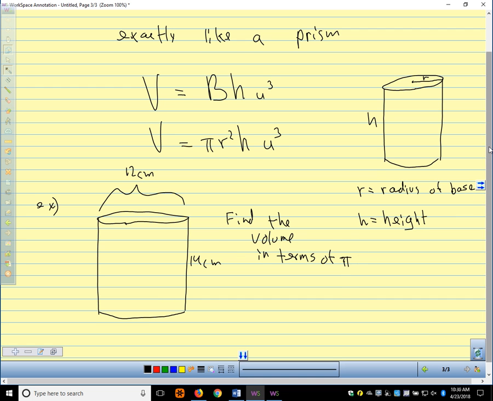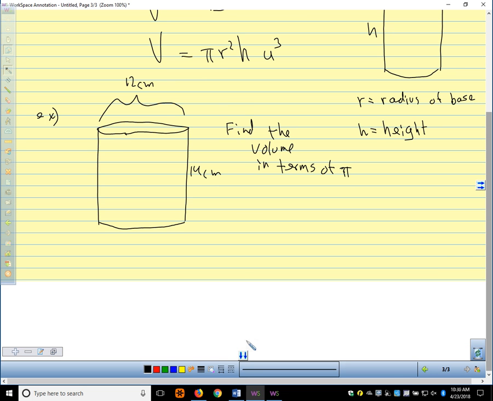Well, cylinders are nice because all we really need to know is the base is always a circle, so we always know how to find the area of a circle. What do we have here? What piece of information does that give us? That's our diameter of our base. So the radius is 6 centimeters.